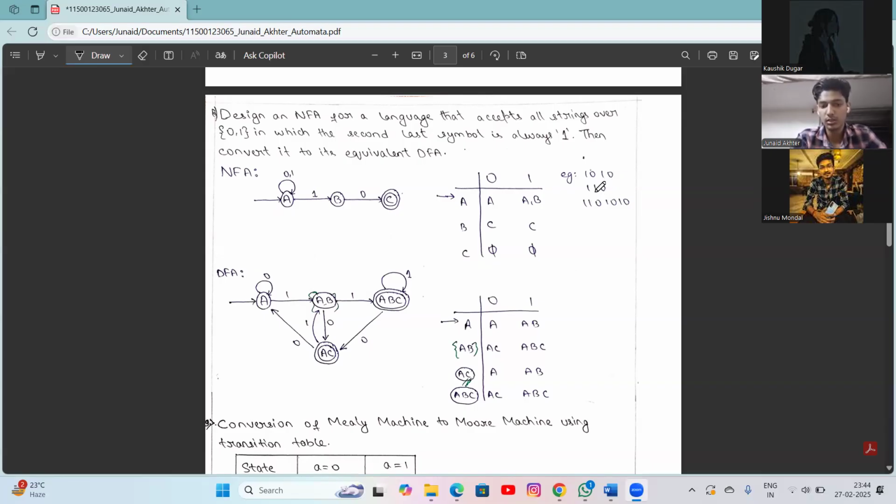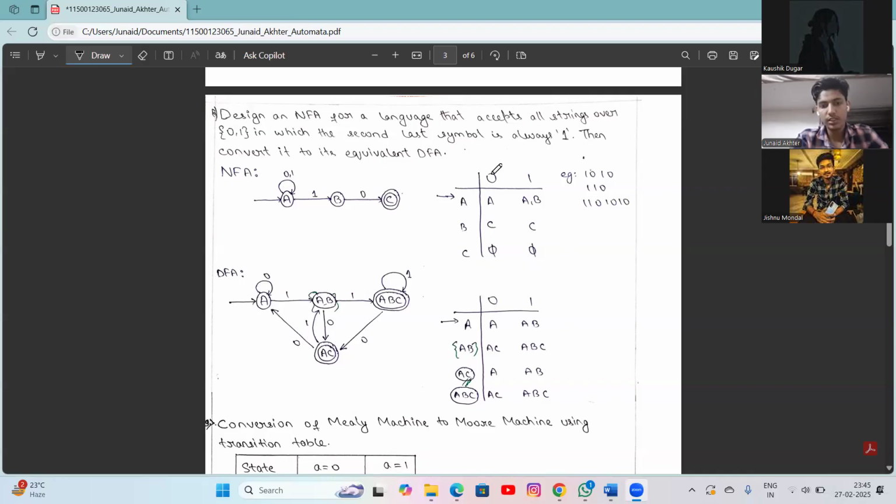The NFA diagram will start with A and we will have a loop on 0, 1. If 0 comes, it will stay in the loop. If 1 comes, according to the question, it will remain in the loop or it will go forward to B. And if 0 comes, then it will go to C.